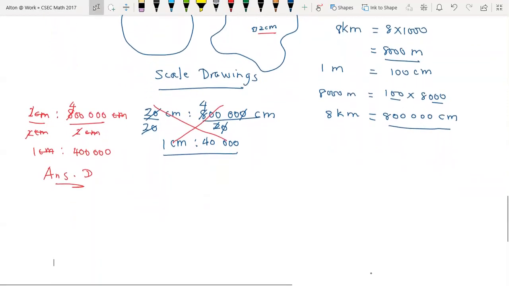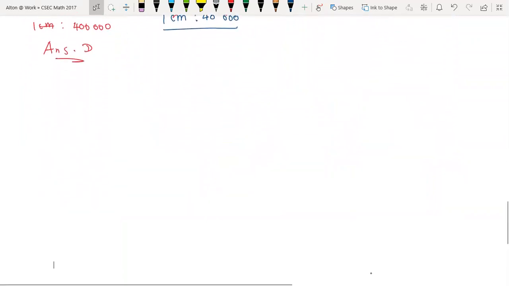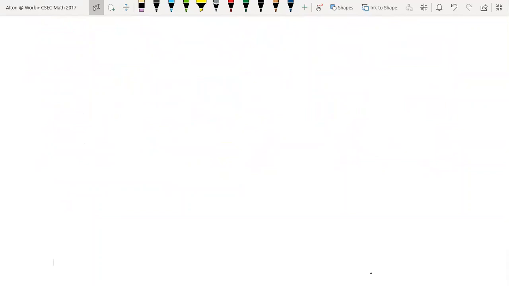In question 39, you're given the perimeter of a square. This is your traditional problem, and they want to find what is the area of the square. So in number 39, let's go.